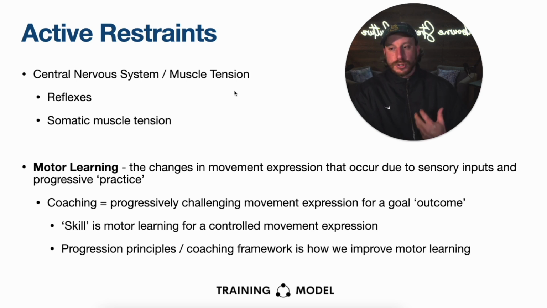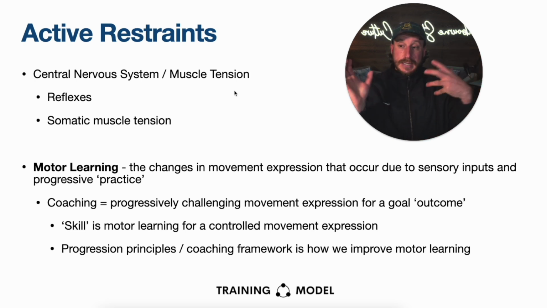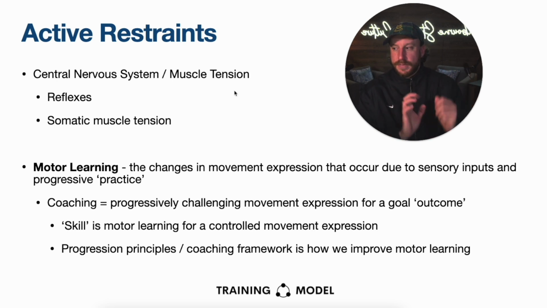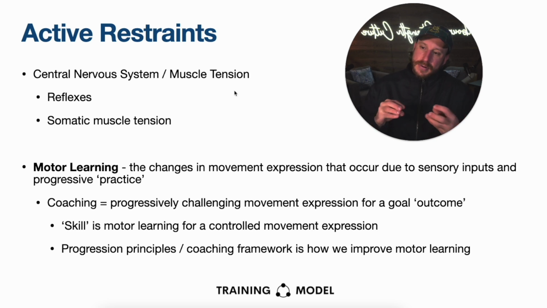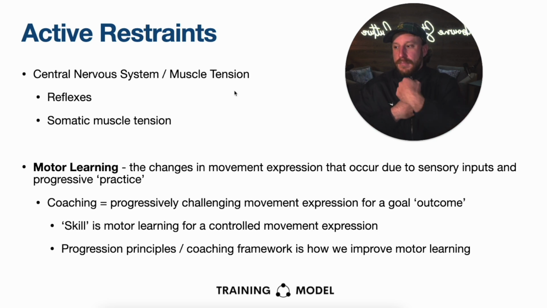Before we have conscious control of the muscular system, there is a reflexive response to forces and tasks and inputs into the central nervous system. So there are reflexes within the muscular system, and then there is conscious somatic muscular tension that we can create to bring things towards us or stretch, and change our relative bone positions to change muscular tension within the system.